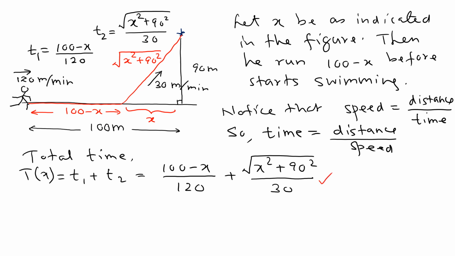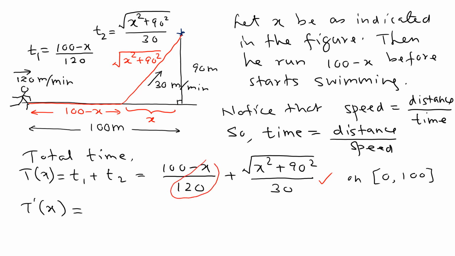And then you can see the numbers that we have: x ranges from 0 to the largest value, which is 100. Those are the two values that we have. Now, as usual, we can find the derivative of this. This is T prime of x, because we are trying to find the critical points. It's easy to find the derivative because you can ignore the constant.